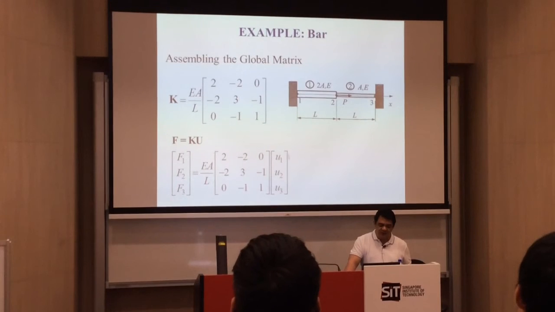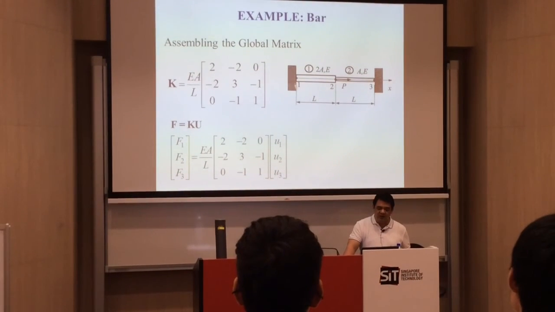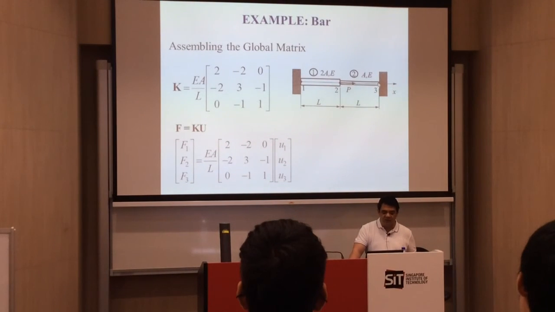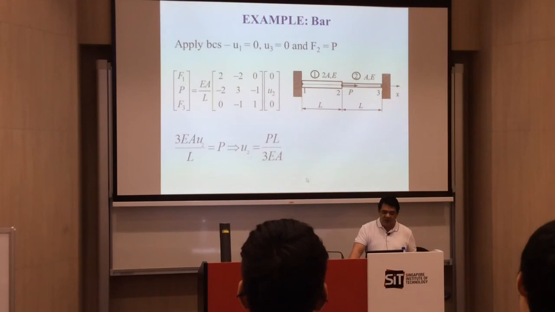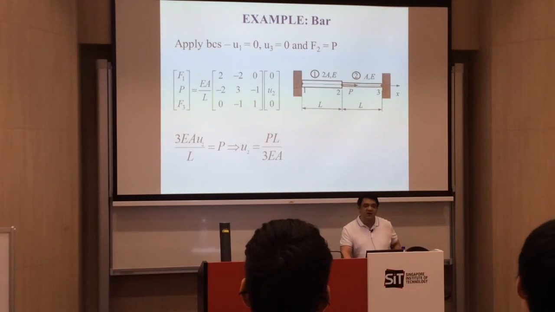So these are your forces and these are your displacement. But since this one and this one are each equal to 0, then you can simply solve for your displacement at 2 to be PL divided by 3EA. So we have done this one already, and this one is one of the simplest problems that we have encountered. So just try to recall this solution.